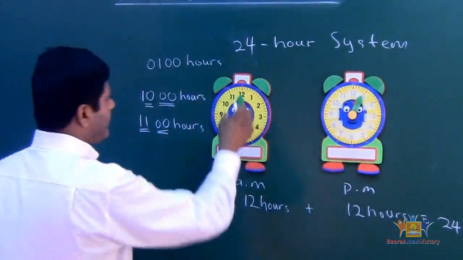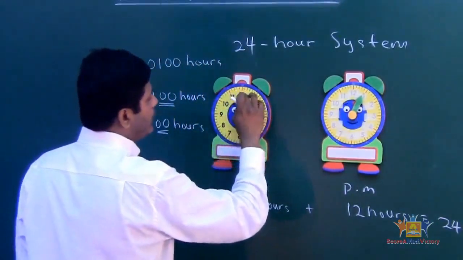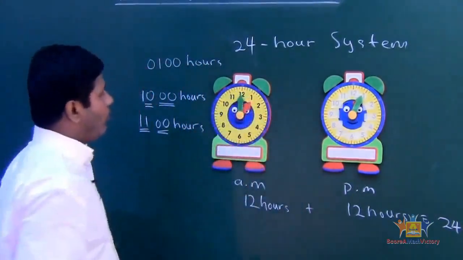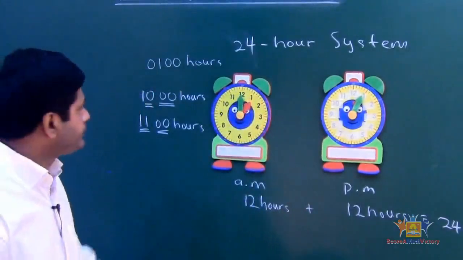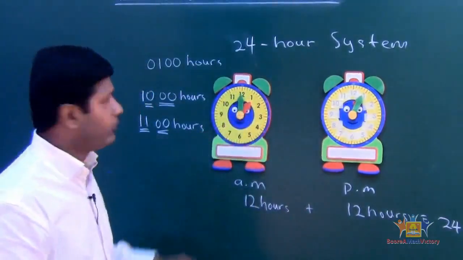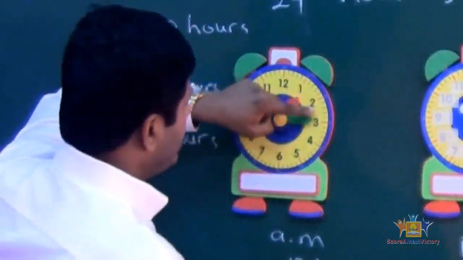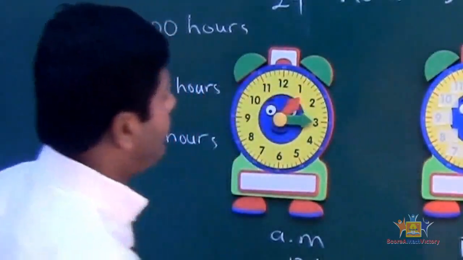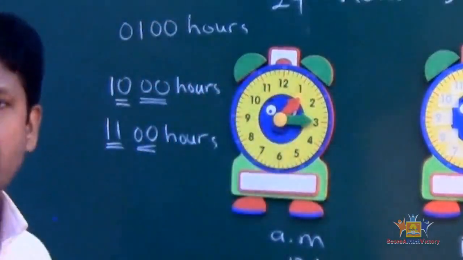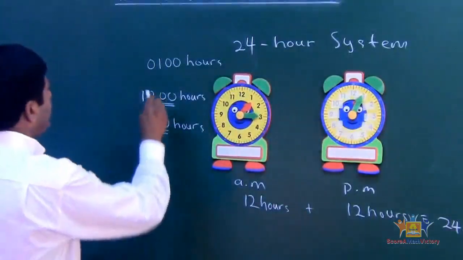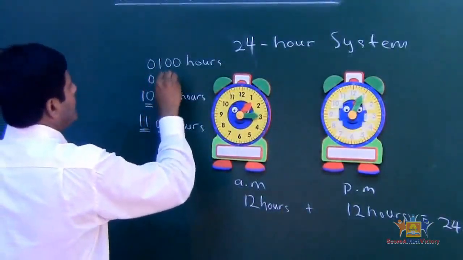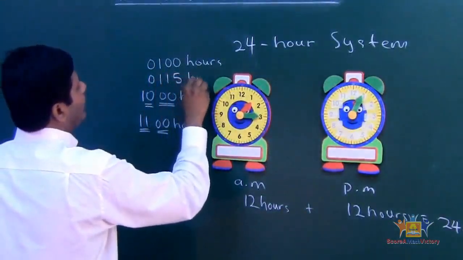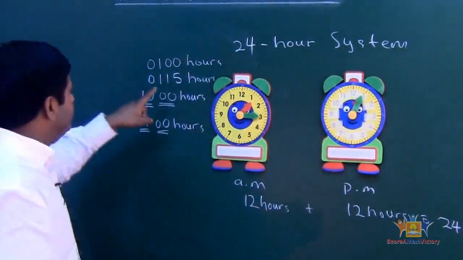Let's say, for example, let's go back to 0100 hours. What happens if it's showing 1:15? How do I say that? Exactly, you say 0115 hours. See that?